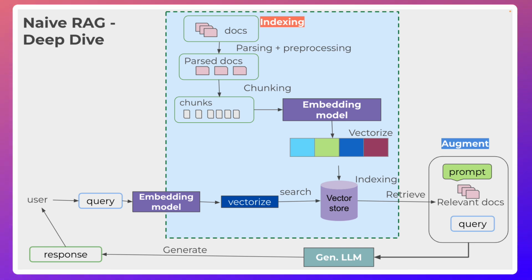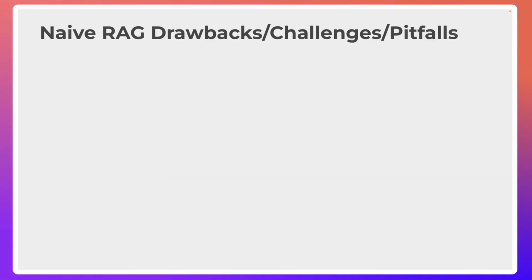As wonderful as this sounds and looks, there are some issues with this. Naive RAG has some challenges, some pitfalls, some drawbacks. The first one is that we have limited contextual understanding. For example, if a user asks about the impact of climate change on polar bears, a naive RAG might retrieve documents broadly discussing climate change and polar bears separately, but will fail to find the most relevant documents discussing both topics in context.